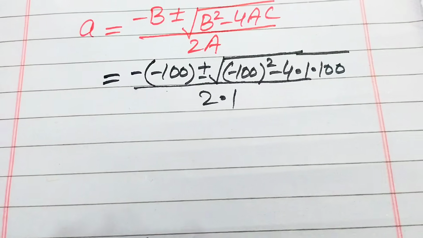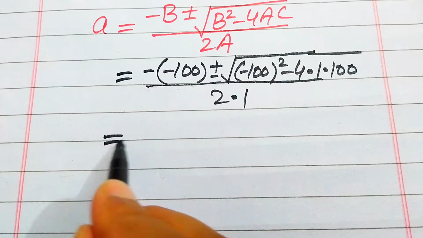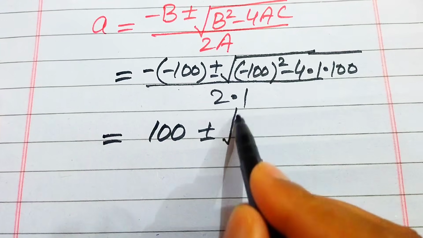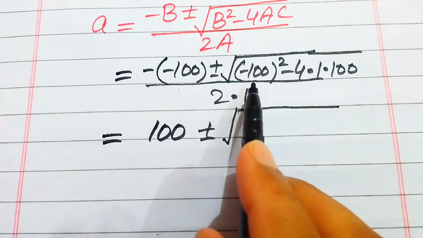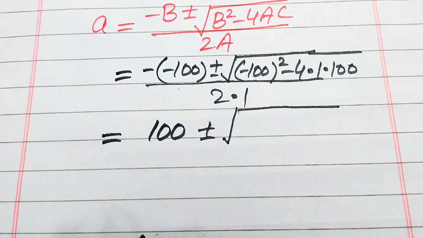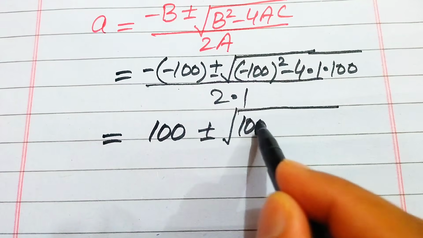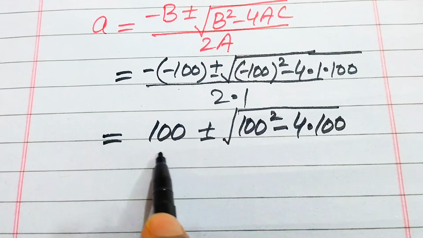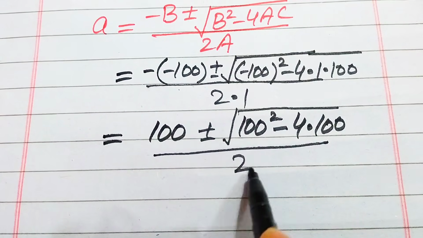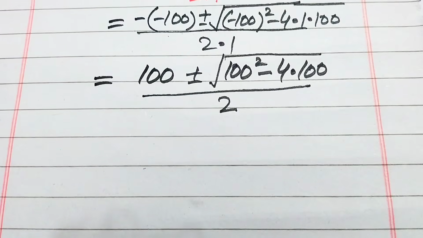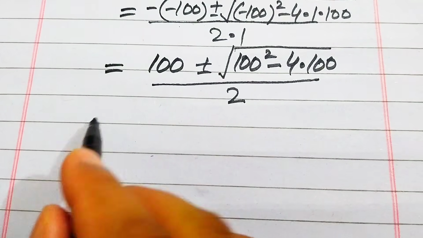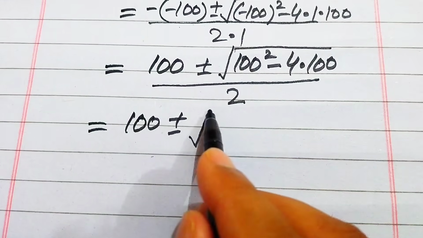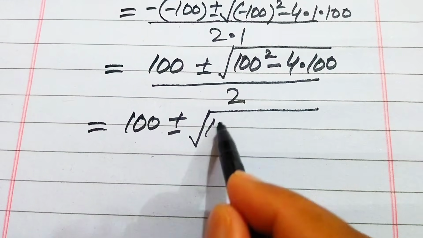So further in the next step we need more simplification, and we have minus times minus becomes plus 100 plus minus square root of, here we know that the square of a negative term becomes positive, so we write it as 100 square minus 4 times 100, divided by 2 times 1 equals 2. In the next step we have 100 plus minus, and inside the square root sign we have 100 as a common term.